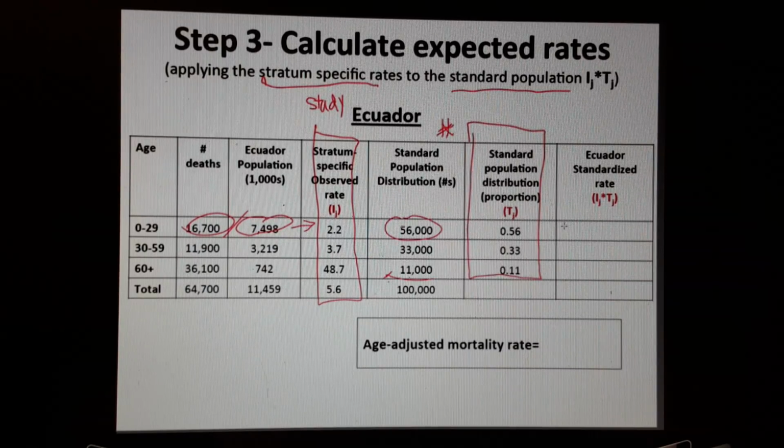So how we're going to do that, so for say category 0 to 29, it's just going to be 2.2. So this is the stratum, our observed rate, multiplied by the proportion of 0 to 29-year-olds in our standard population. Okay, and that's going to give you 1.23.